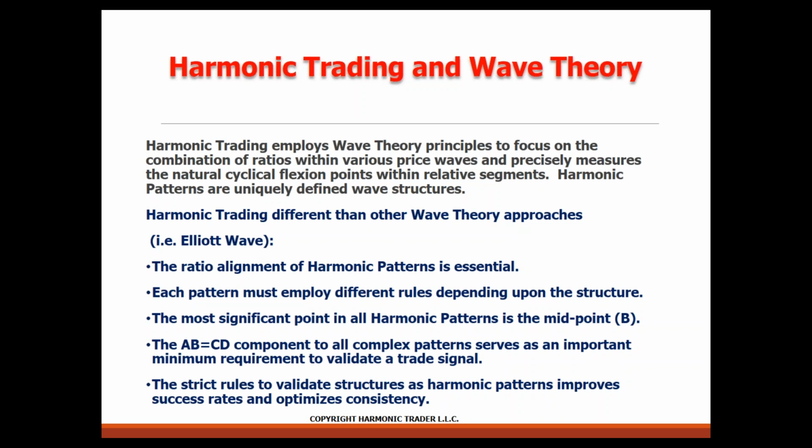Also, that ABCD pattern I've been mentioning, that's a minimum component. And we'll get into that in that webinar. But these create strict rules to validate structures as harmonic patterns and improve success rates and optimize consistency. We cannot change these measures. Unlike wave counts, there are only exact alignments or there's no opportunity.